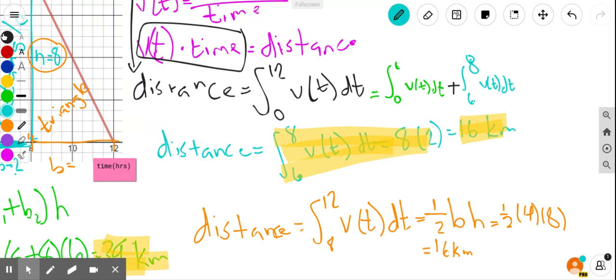Plus the triangle, which means I'm starting from 8, going all the way to the 12 hours. That's my upper bound, and the 8 would be my lower bound.